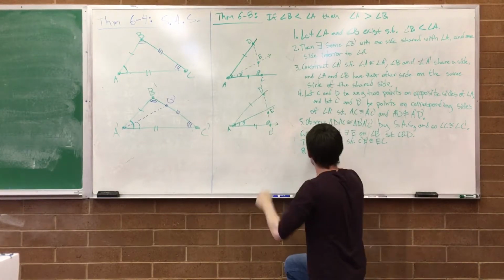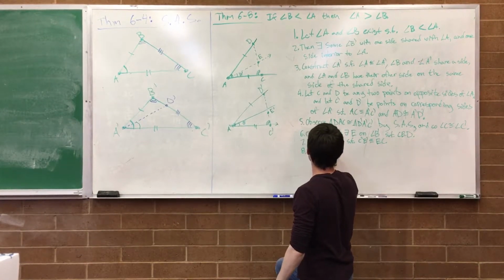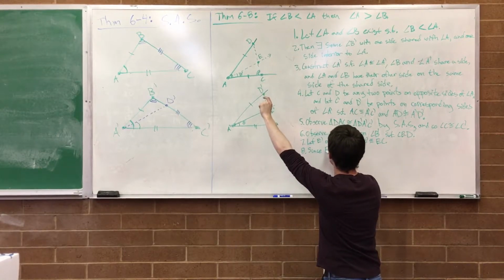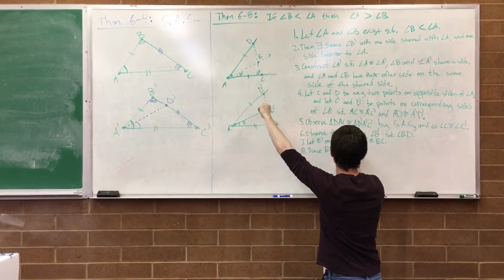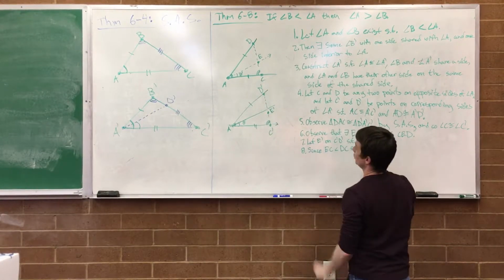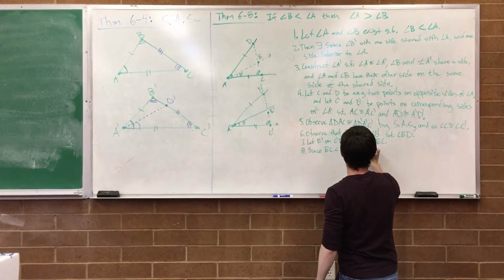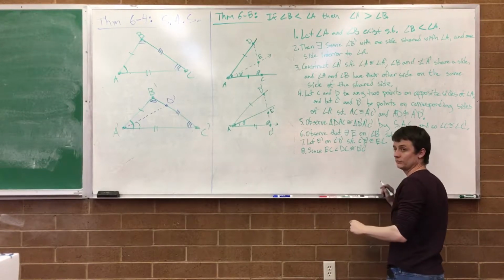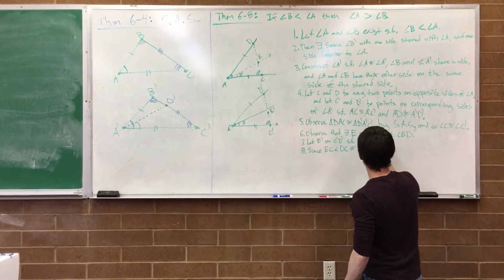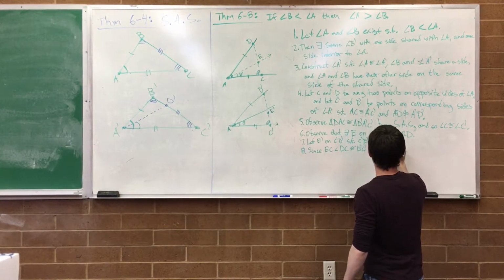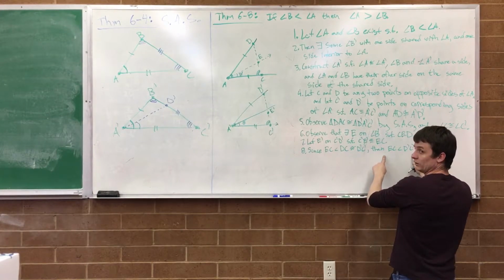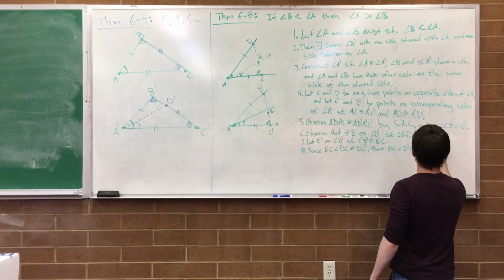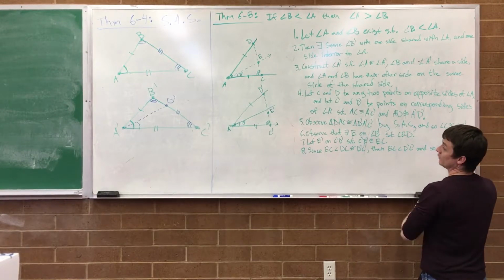So here's, maybe I'll write it and then I'll say it one time. Since EC is less than DC, and DC is congruent to D prime C prime, then EC is less than D prime C prime, and so C prime, E prime, D prime.